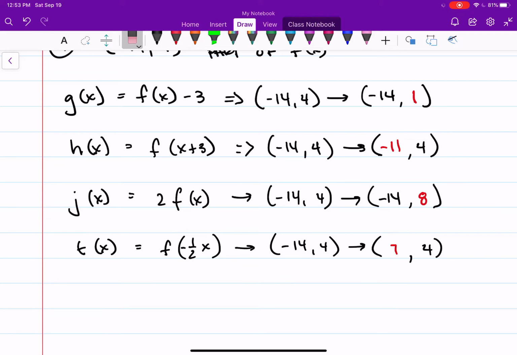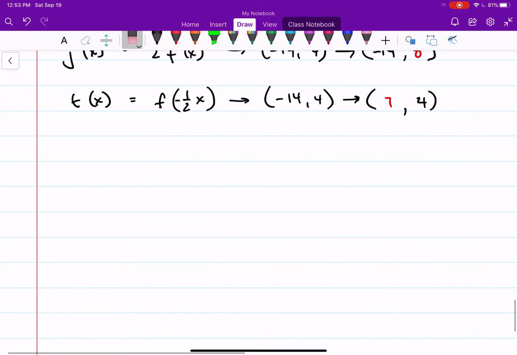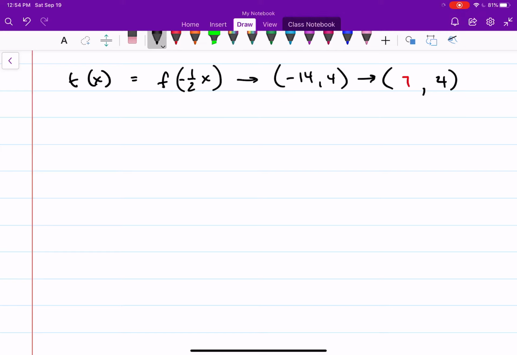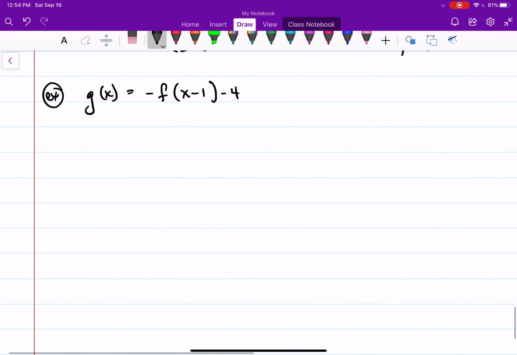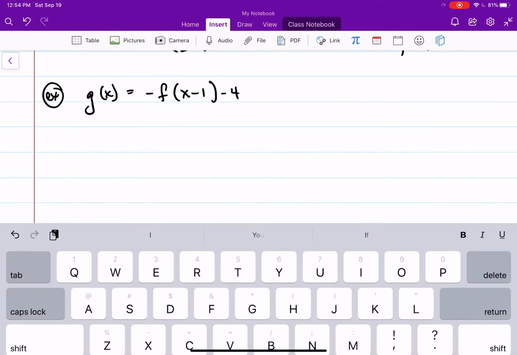So next problem, let's talk about a graph. Okay. So let's see here. Let's say that g of x is equal to negative f of x minus 1 minus 4. Okay? And what they have here is a graph. So I'm going to put the graph right here.